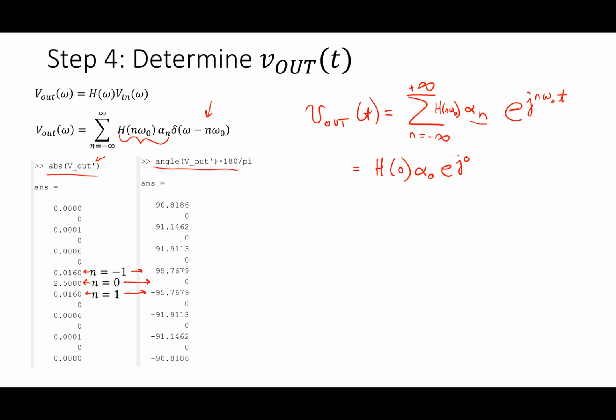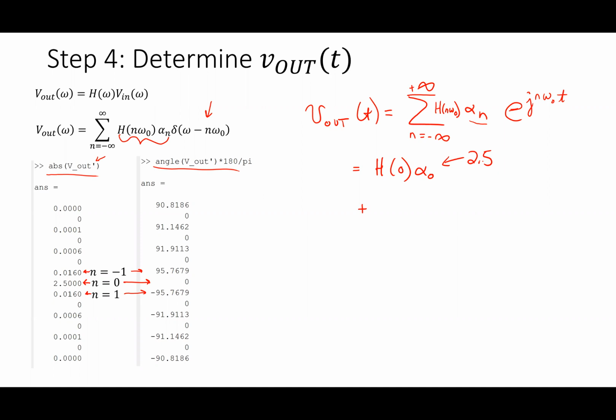What's e to the j 0? 1. So H of 0 times alpha 0 is, according to what I have here, 2.5. So it's saying I have 2.5 volts in my output.